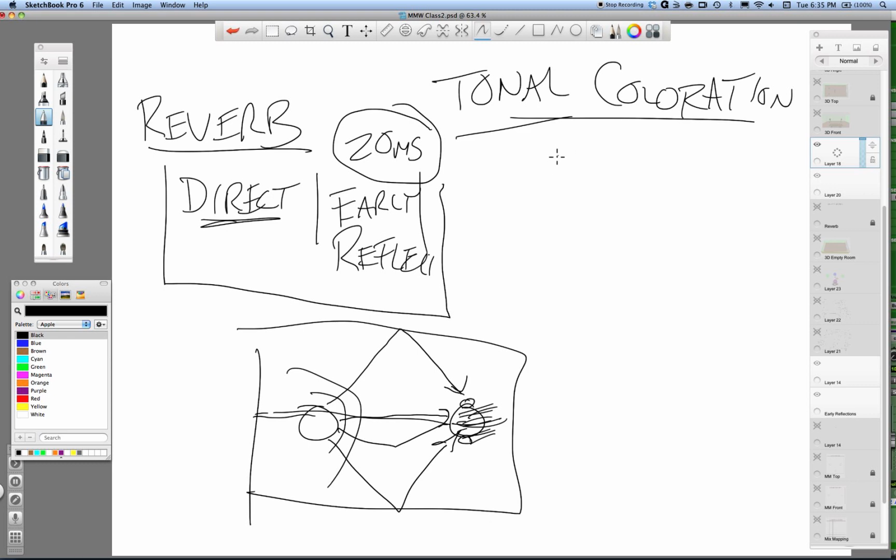And it can also work against you, okay? Because these early reflections are actually what defines the size of a space. Very important, right? So if you want something to sound big, you want to expand those early reflections longer, right?